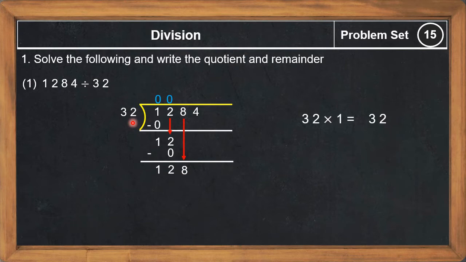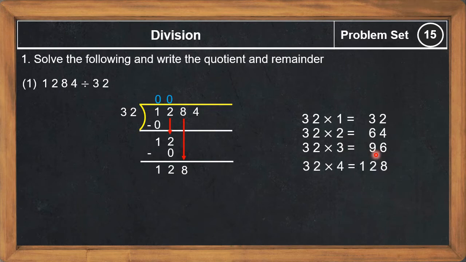Now, here 32 ones are 32, 32 twos are 64, 32 threes are 96, 32 fours are 128. So, here we have got the required number, that is 128 in the table of 32.